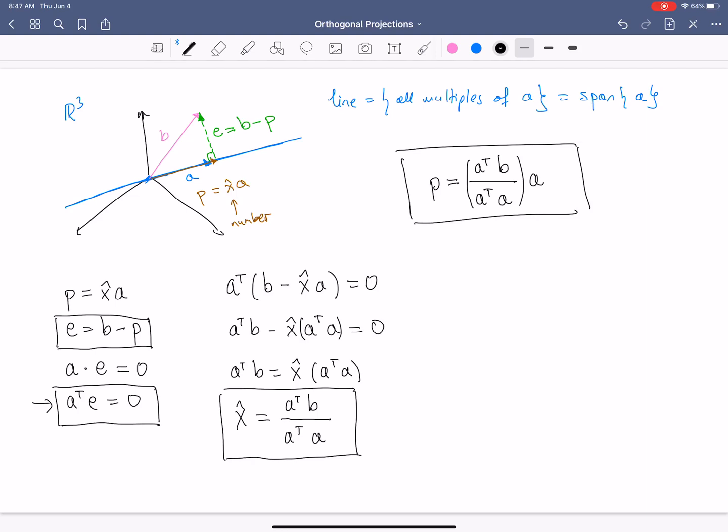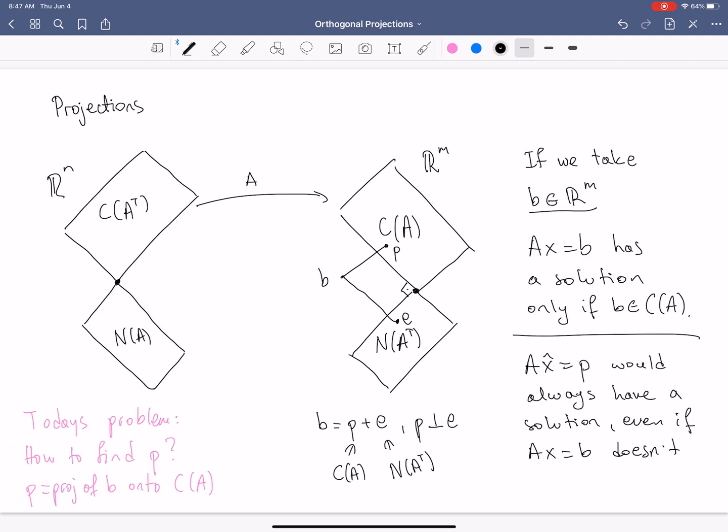Now, yesterday, or even let's look at this picture here, I said that when you do matrix multiplication, if you take a vector x in the row space and apply A onto it, you're going to get a vector in the column space. You can also take a vector from the null space.